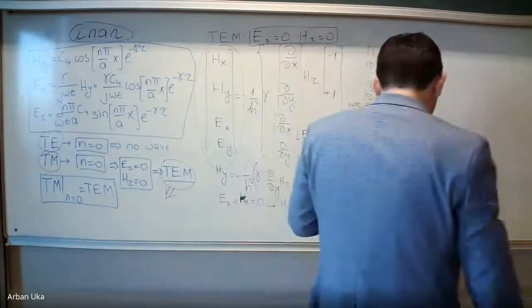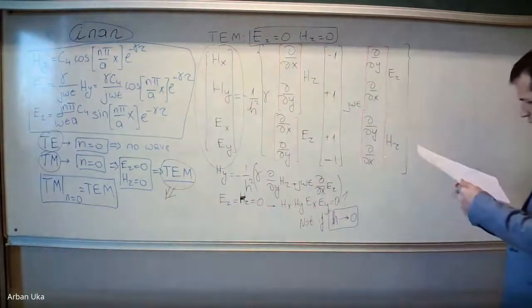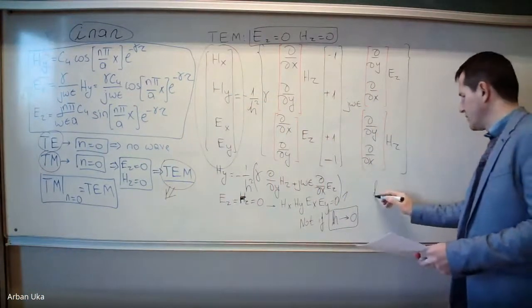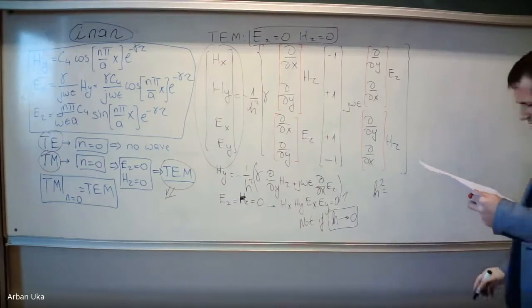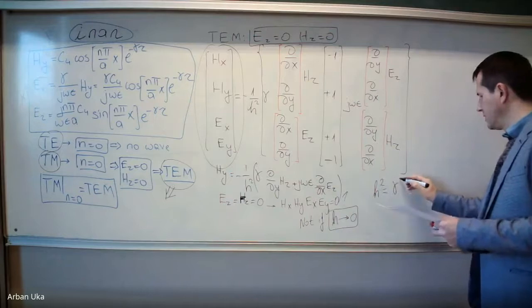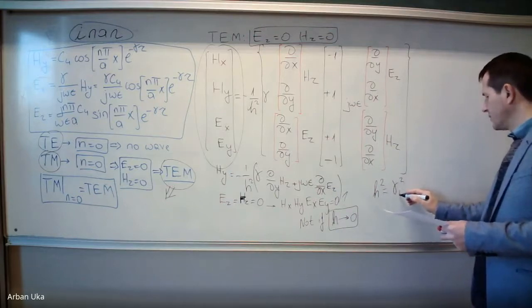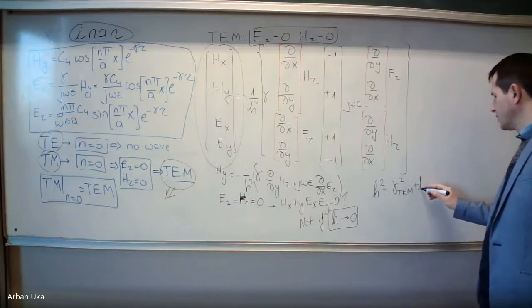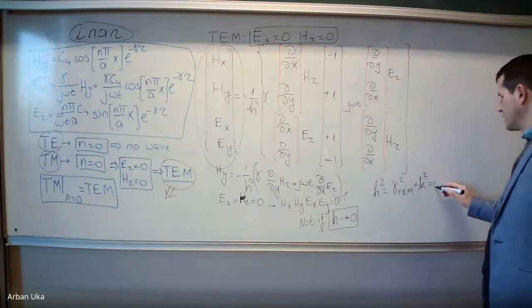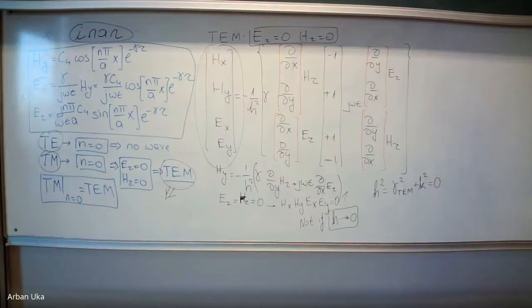If h squared is 0, what was h squared itself? As a reminder, h squared was written as gamma squared of TEM, plus k squared. This is equal to 0.